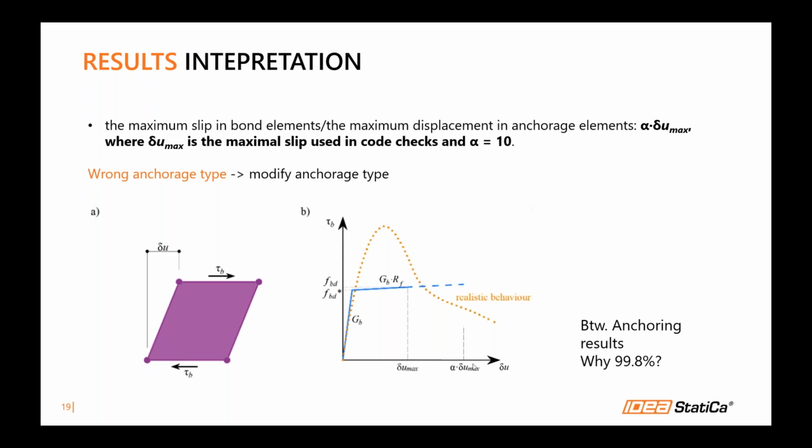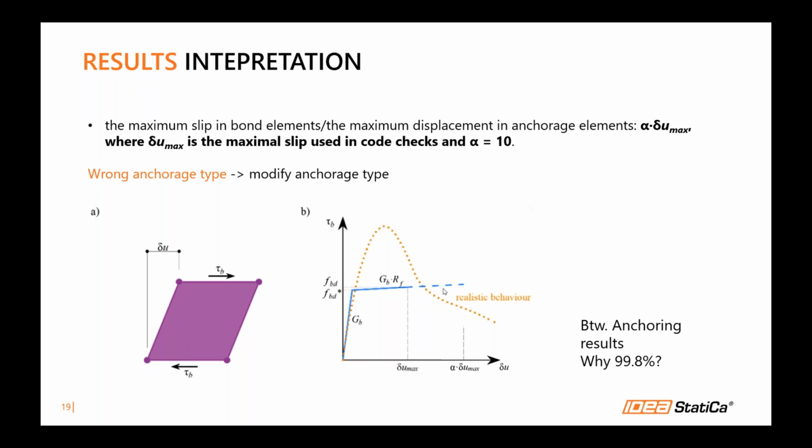but the stop limit is based on the slip or the displacement. And because we are here most of the time, you can see that the ratio differs only a little bit, because it's not so much inclined.